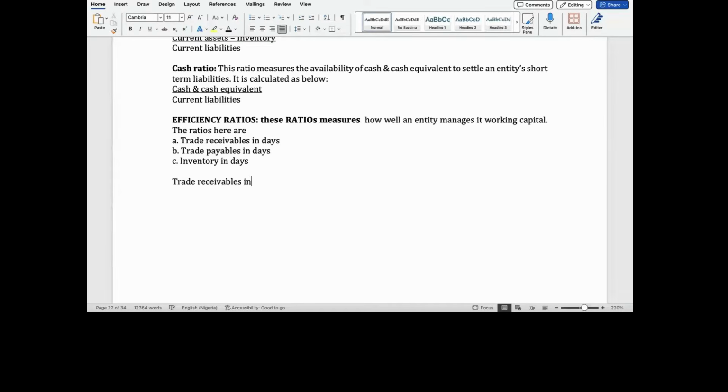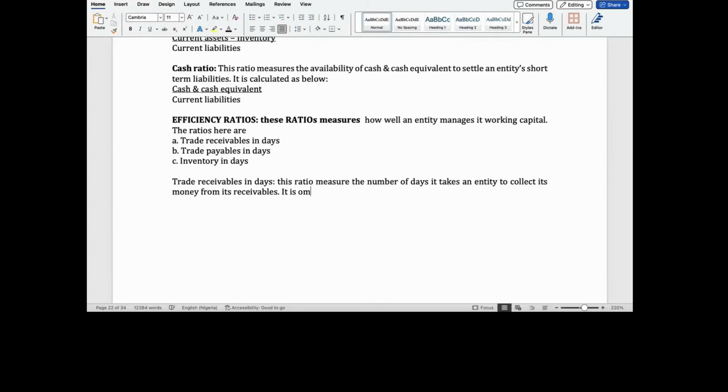The first one, trade receivables in days, measures the number of days it takes an entity to collect its money from its trade receivables.